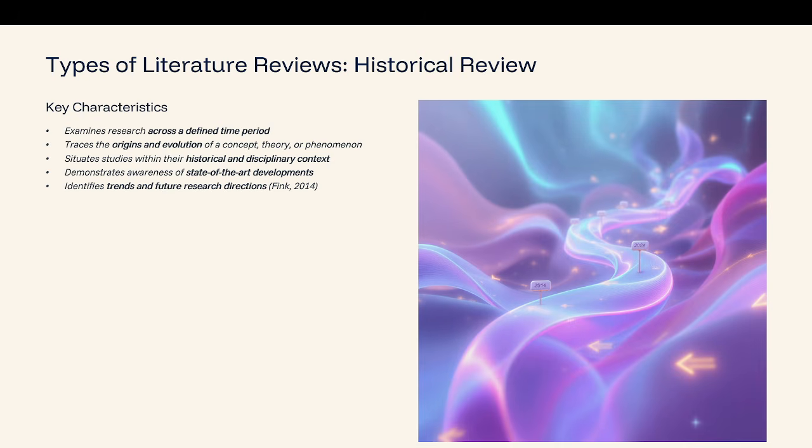Historical literature reviews focus on examining research throughout a period of time, often starting with the first time an issue, concept, theory, or phenomenon emerged in the literature, then tracing its evolution within the scholarship of a discipline. The purpose is to place research in historical context to show familiarity with state-of-the-art developments and to identify the likely directions for future research.